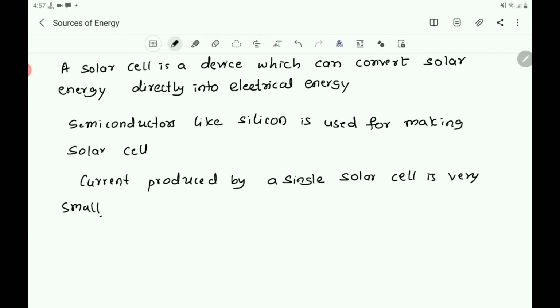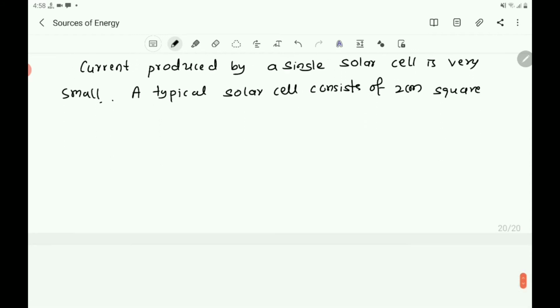A typical solar cell consists of a 2 cm square piece of silicon.